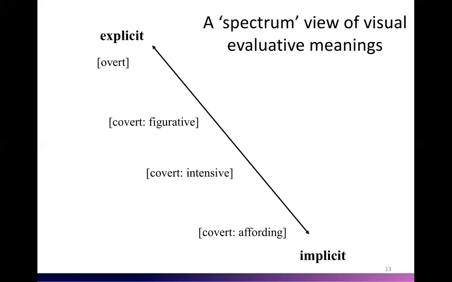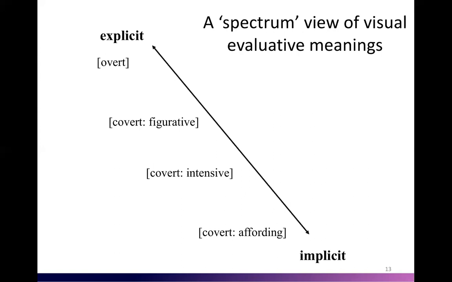Previous work, such as Tian's work or Economos' work, has already looked at the way in which facial expressions can display whether a character is happy or not happy in a generalized sense. In those studies this is also called visual inscription. So the overt option is similar to the visual inscription identified in previous work.